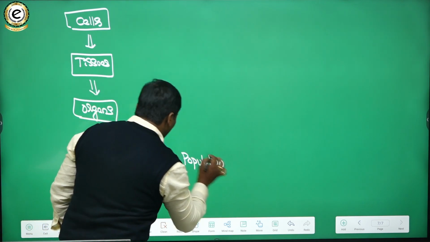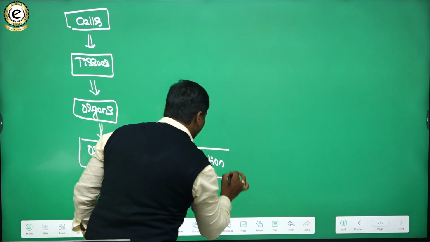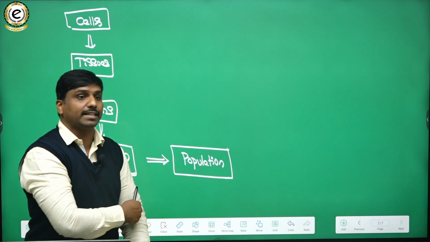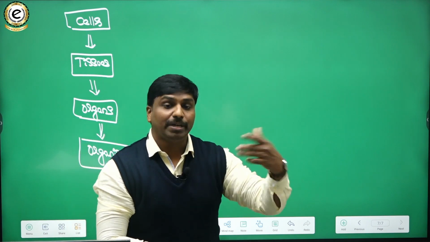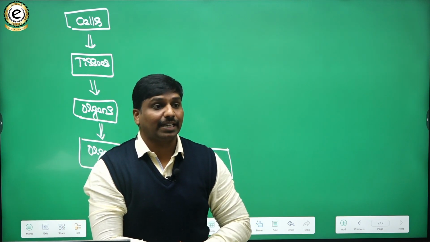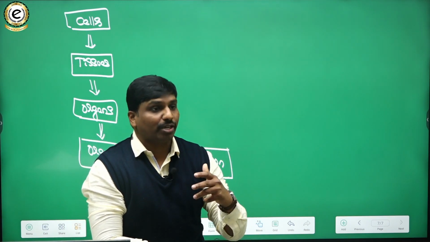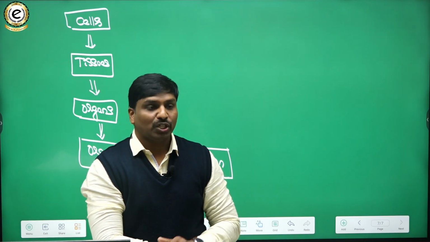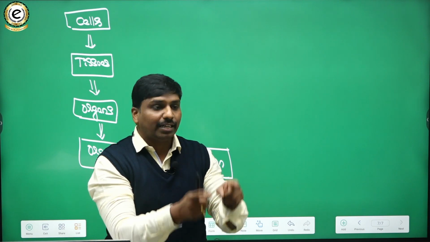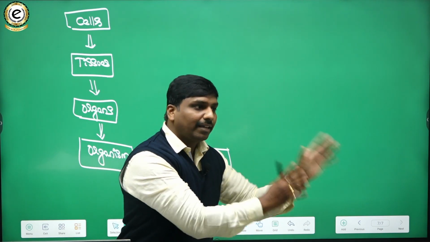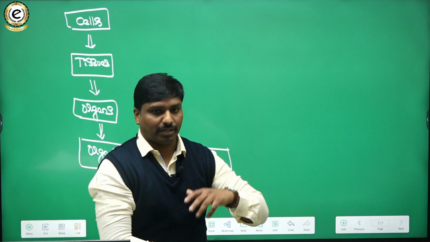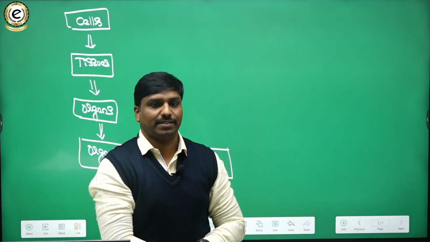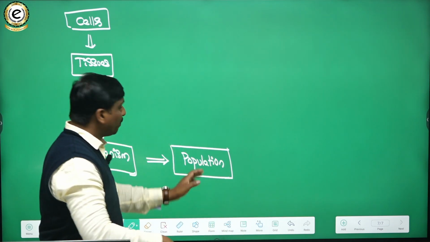That means a group of organisms belonging to a particular species, at a particular time, in a particular place. For example, a tiger population belonging to a particular forest in 2023. So in a given time period and a given place, a group of organisms belonging to a particular species is nothing but a population.